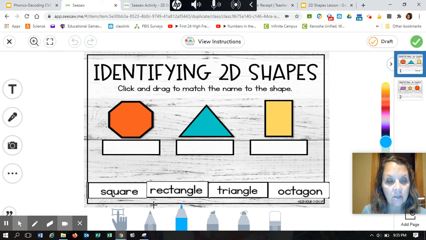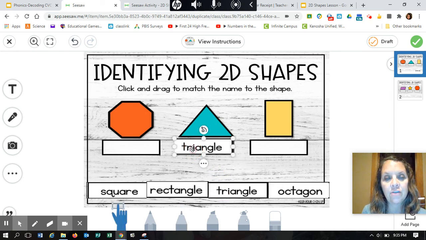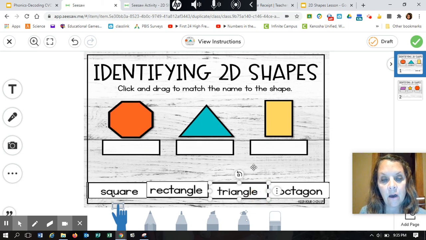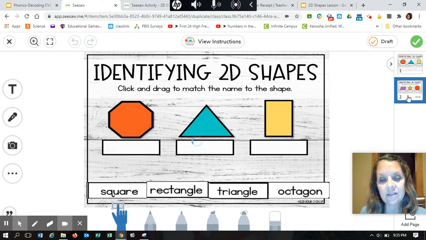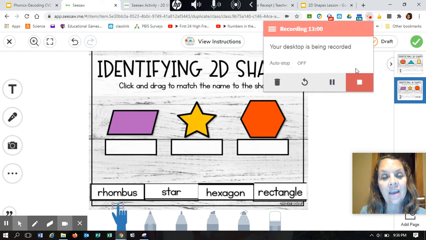So you can use your hand tool and move triangle underneath the triangle, okay? And then you have 2 other shapes here, and you have to identify them by naming them and moving the name of that shape underneath the shape. When you're done with both pages, then you can click your green check and you will be all done. All right, so go ahead and get busy identifying or naming those 2D shapes. I know you can do a great job.